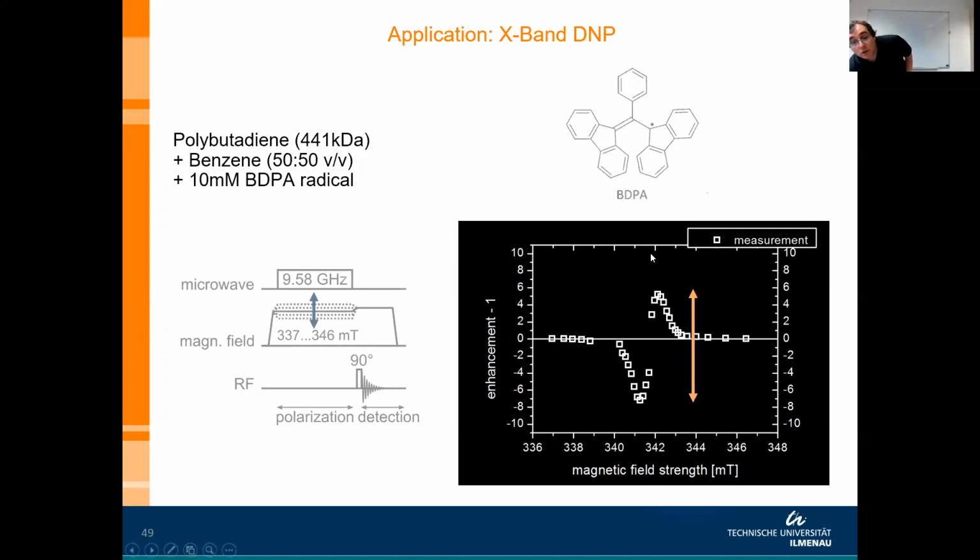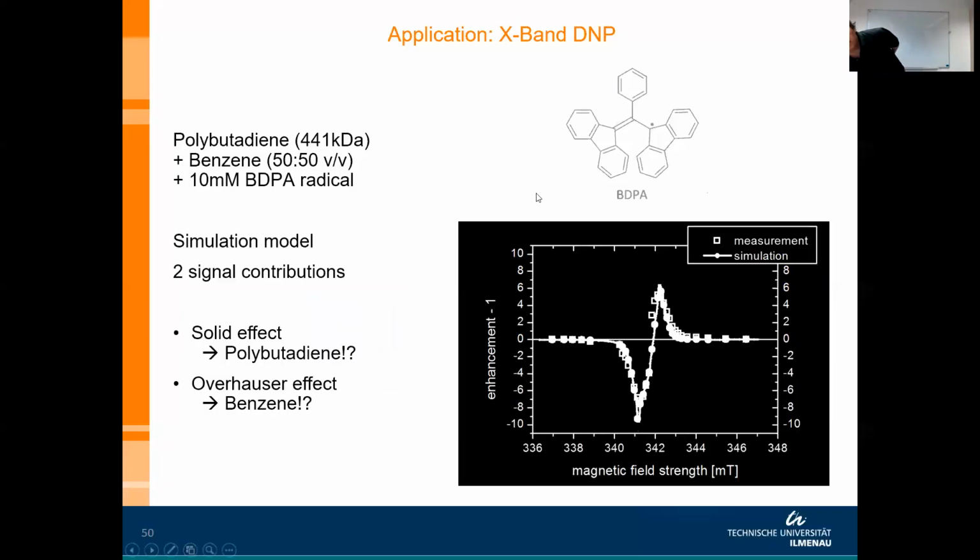When you are close to the central frequency, you see this effect. That means you will see a line that is negatively enhanced and a line that is positively enhanced, and this is the solid effect.